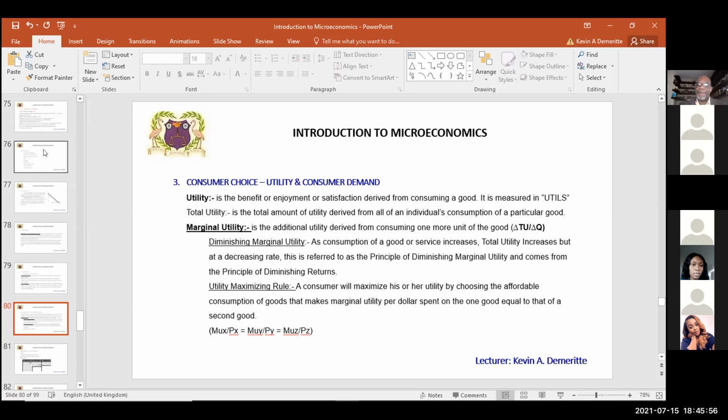If that total bag of potato chips gave you a total utility of 100, the marginal utility would be what you got from one extra chip. And that may be 2, that may be 3. But when we add them all together, we end up with 100. So marginal utility is the additional enjoyment you got from consuming one more unit of the good. And the way we calculate marginal utility is we look at how our total utility changes when our total quantity of consumption of that good changes.